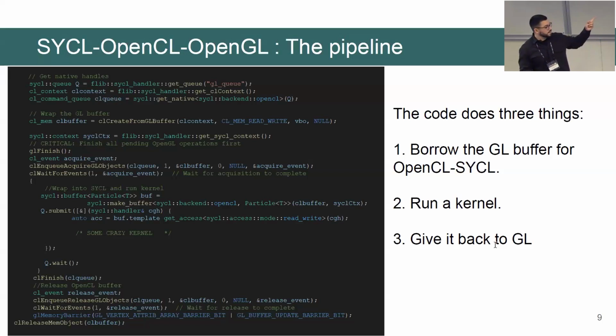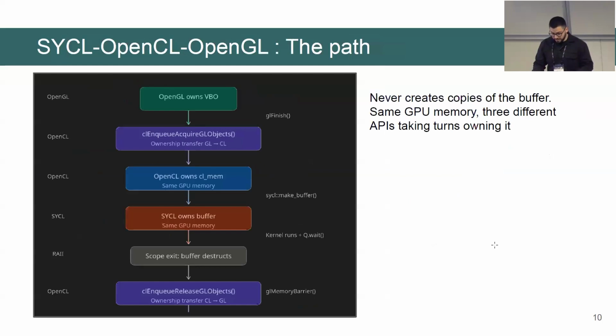You can put some crazy kernel there and just give it back to OpenGL, and that is the full cycle. Here is kind of a diagram, and it's very important to share that it never creates a copy. It's the same GPU memory, just different APIs taking turns on that memory.